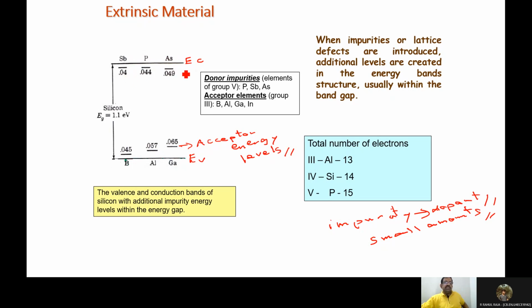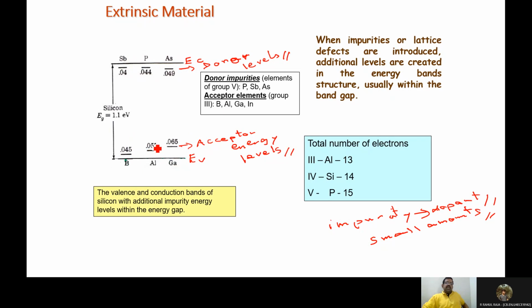So obviously these levels are what is known as donor levels. It is a very simple explanation that will make it clear. Donor levels.